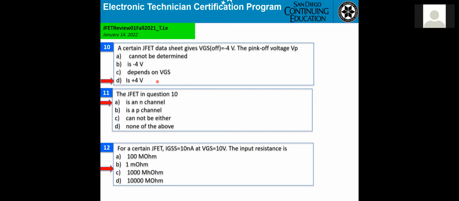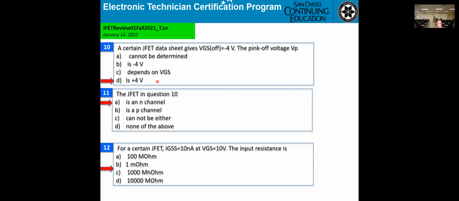Because you said pinch-off voltage VP cannot be determined. But you said the answer is D. They are asking you on number 10, they gave you, is it an N channel or P channel? I say N channel. Do you want to know why I say N channel?